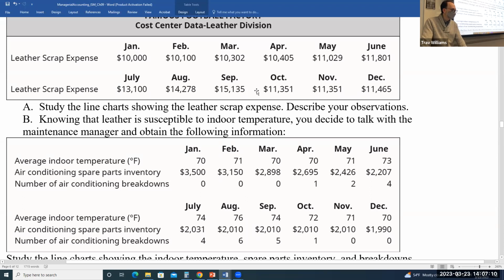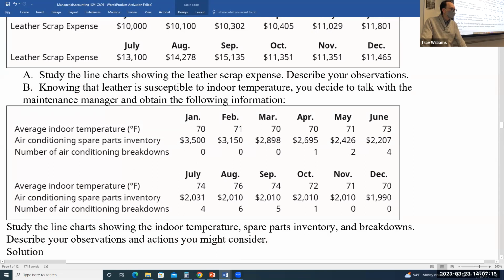That's fairly clear. We ask the maintenance manager for some information, and they give us indoor temperatures for each month, air conditioning spare parts, and number of air conditioning breakdowns. Now we have all this data.